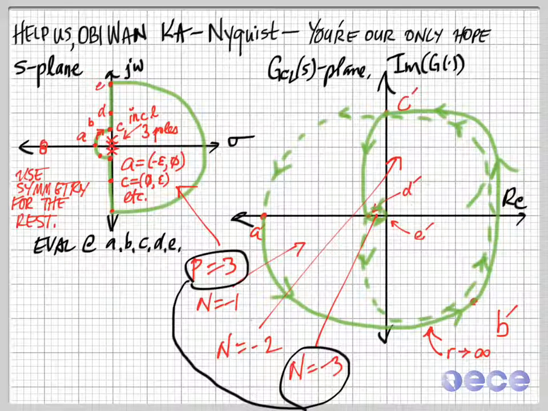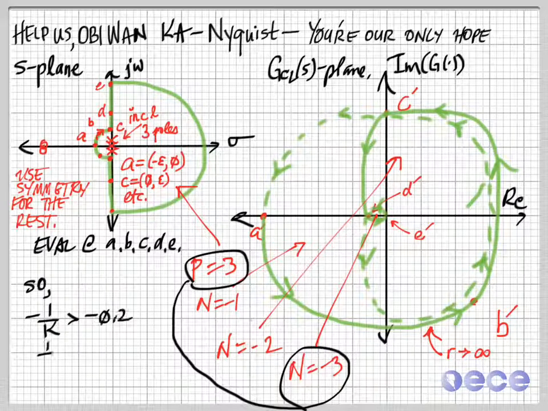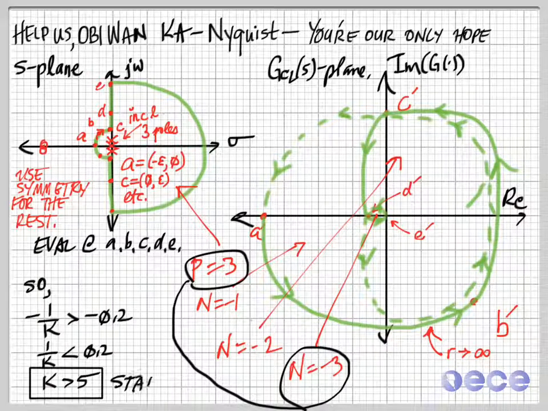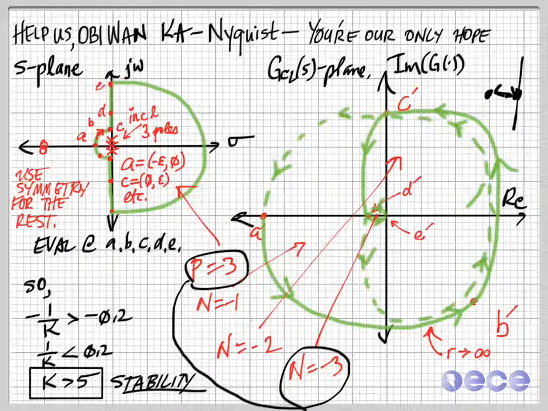Because that's the case, and we know that D prime is at, sorry, minus 0.2, minus 1 over 5. So minus 1 over K must be greater than minus 1 over 5, or minus 0.2. If I can just sketch here for a second, we need for 1 over K to be in between these two values.